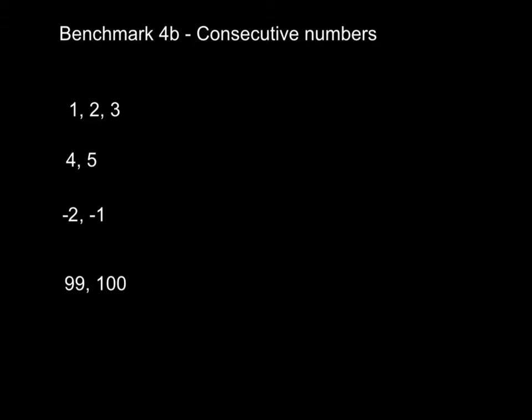As you can see, the difference between any two consecutive numbers, 1 to 2 and 2 to 3, or 4 to 5, or -2 to -1, or 99 to 100, the difference between them is 1. So if I make a variable x, and I say I want the next consecutive number, I know that it's going to be x plus 1.